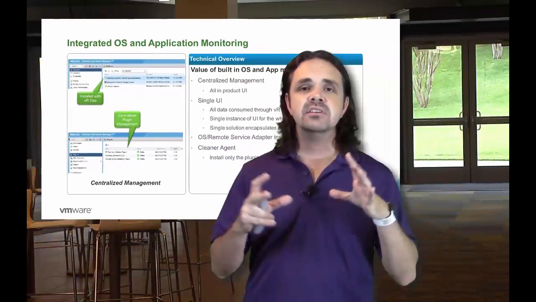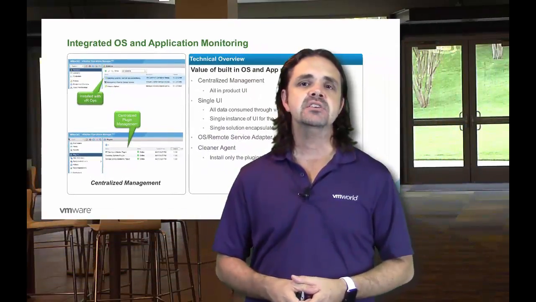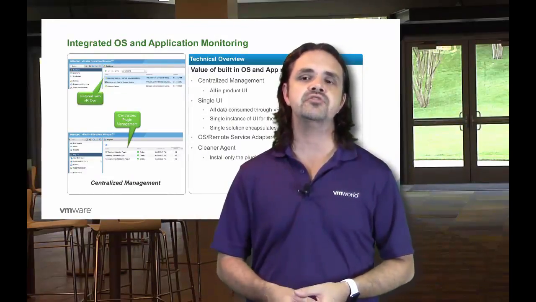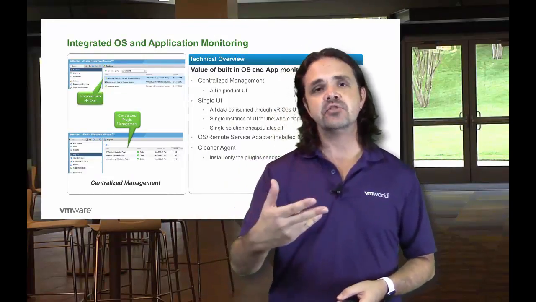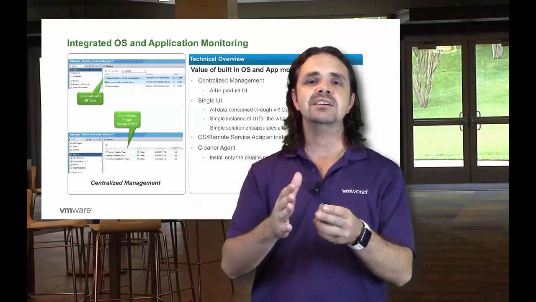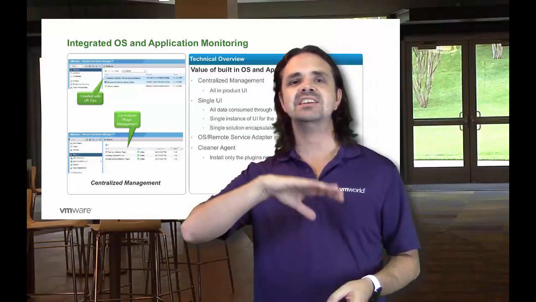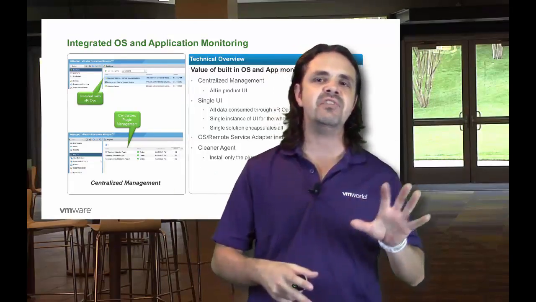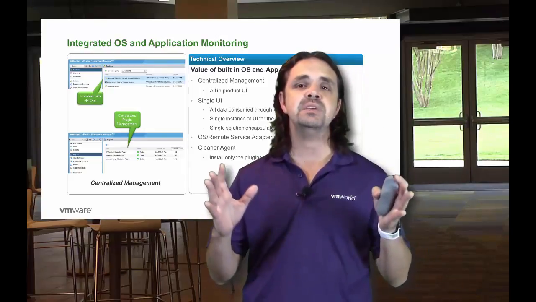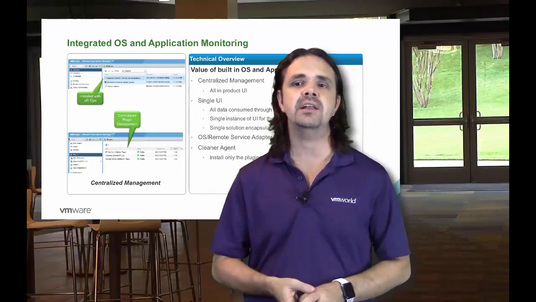We have clear centralized management. So now instead of having multiple UIs, it's all inside of one user interface. And as of version 6, the user interfaces started to align. So we no longer have a distinctly standard and a distinctly advanced look. The user interface has become truly unified.